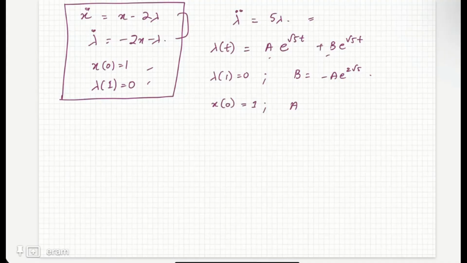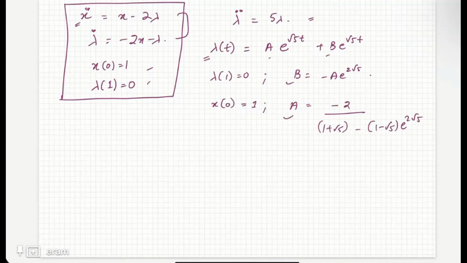Since lambda is given to us, we can solve for x of t using the expression of lambda. So this a will come out to be minus 2 by 1 plus root 5 minus 1 minus root 5 e to the power 2 root 5.